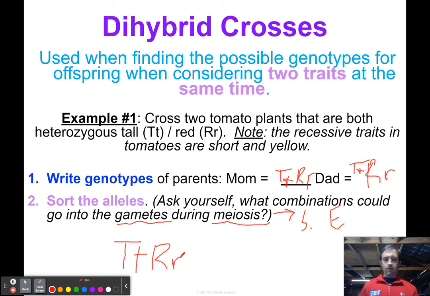That means either big T or little t could go into the sperm or egg cell, and big R or little r could go into the sperm or egg cell. Only one of them, not both. So let's say mom, in this case, is going to give a big T. We're going to draw here.